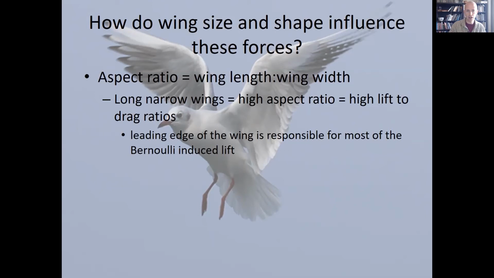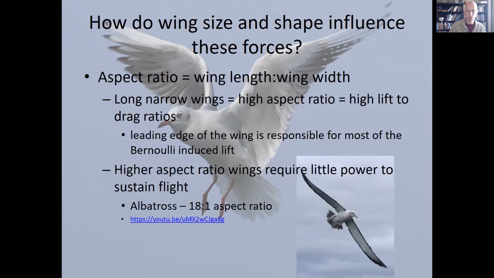So high lift to drag ratio, that means the leading edge of the wing is responsible for most of the Bernoulli induced lift, and you get very good flight. So they can fly at high speeds with relatively little effort.